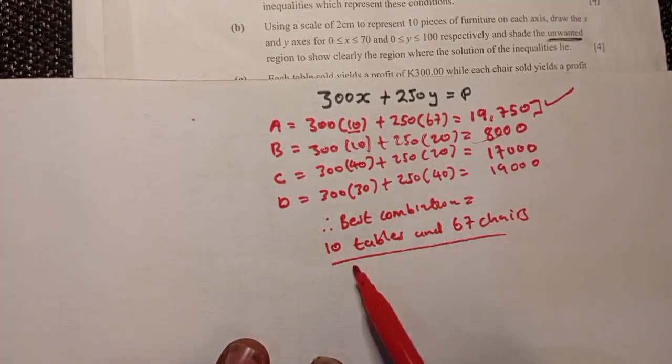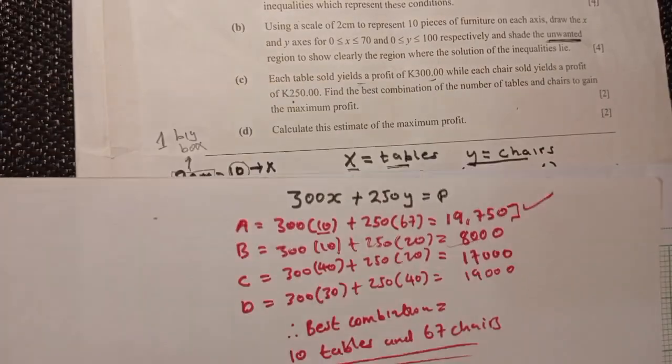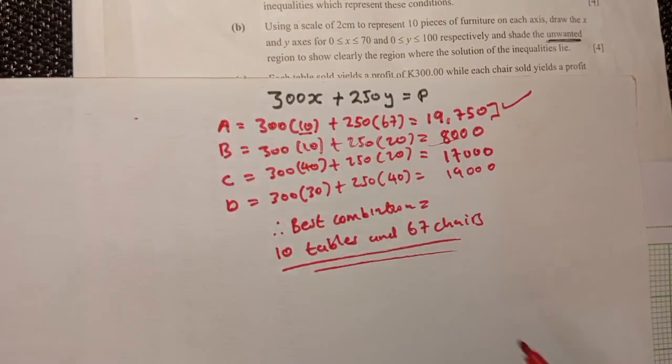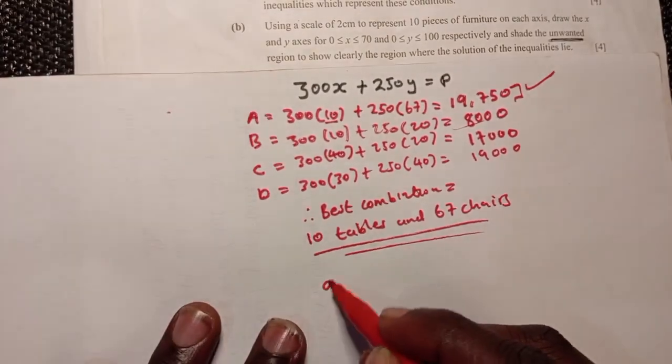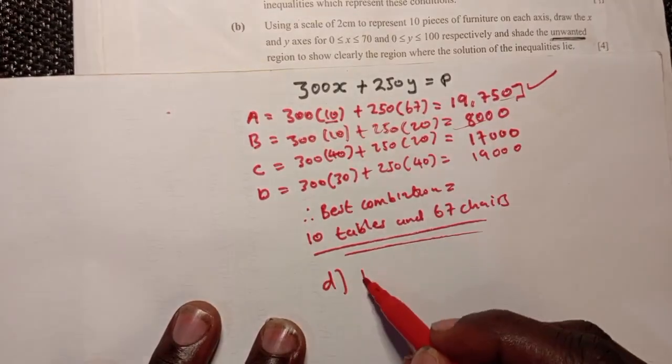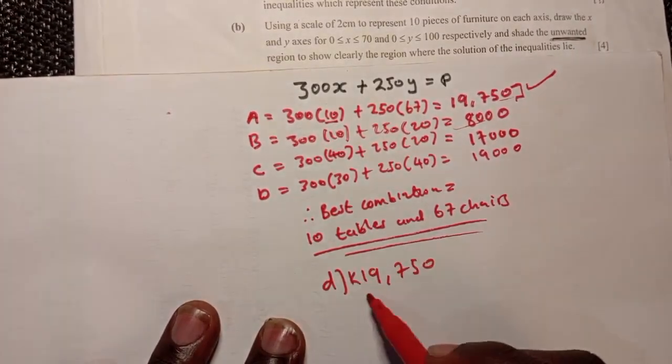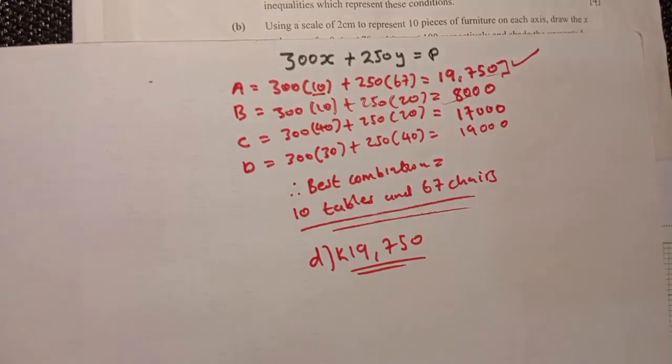And this is the answer. Then calculate the estimate of the profit. We've already calculated it here. So for the last question D, just write 19,750. That will be the estimate of the maximum profit.